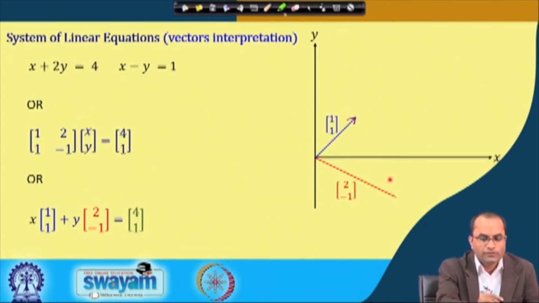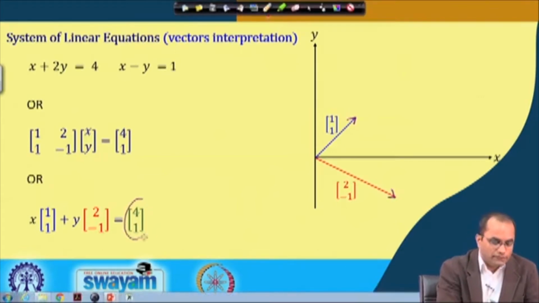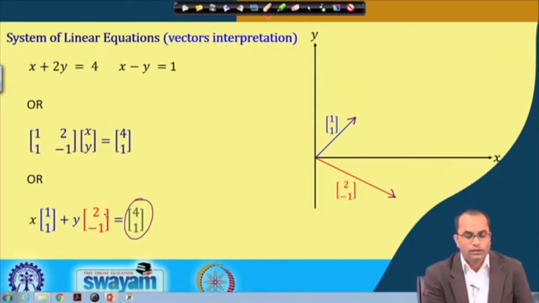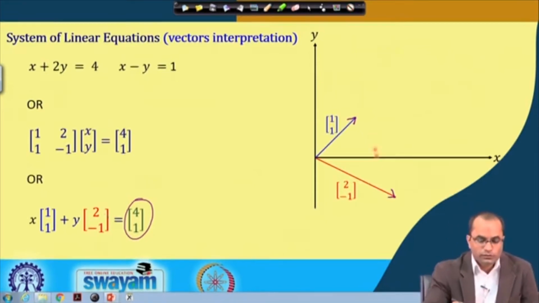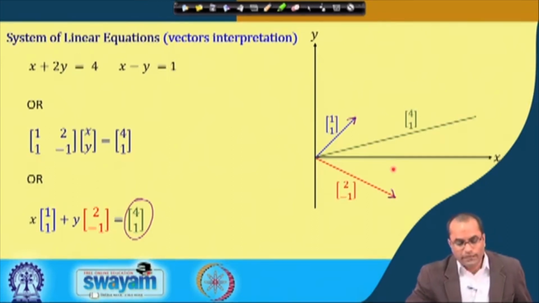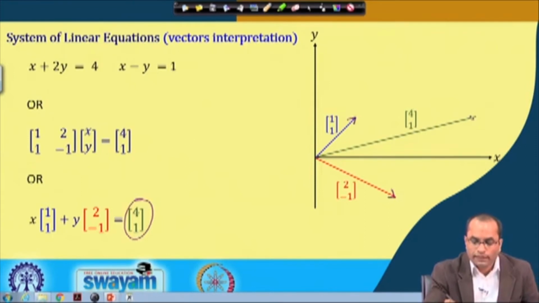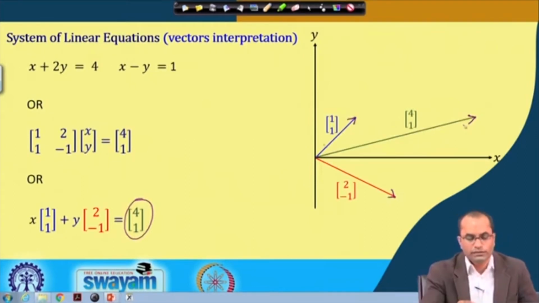So, we have another vector here, and the third vector which is seen here in this equation, that is the 4 1. So, let us plot that too here. So, that will be 4 1. So, we have these vectors, 3 vectors. So, one is 1 1, then 2 minus 1, and then we have this 4 1.